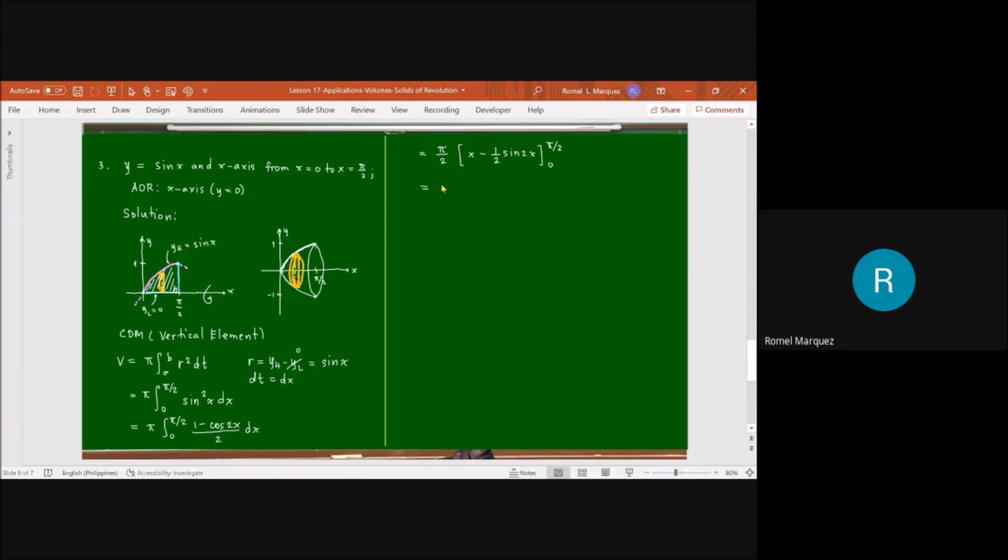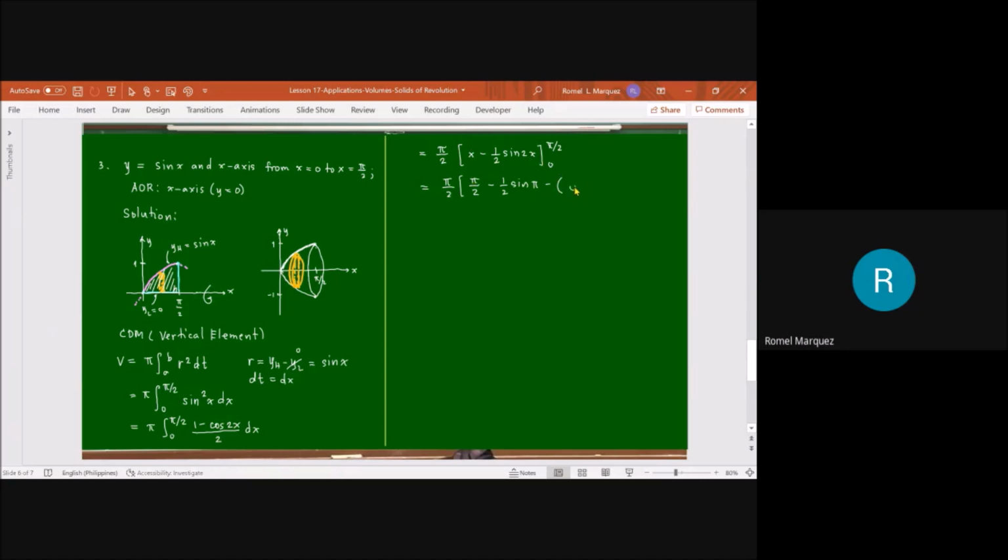So this is equal to pi over 2 times the value of x minus 1/2 sine 2x when x is pi over 2: pi over 2 minus 1/2 sine of 2 times pi over 2, which is pi, so 1/2 sine pi, minus the value of x minus 1/2 sine 2x when x is 0.